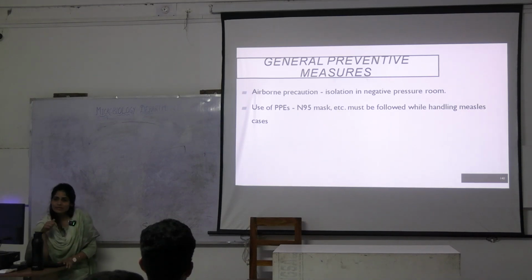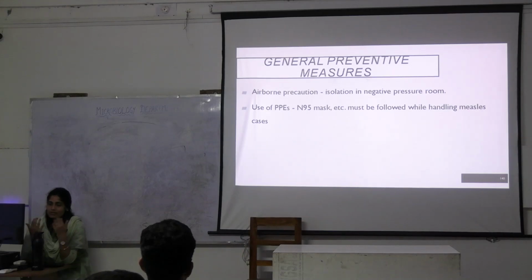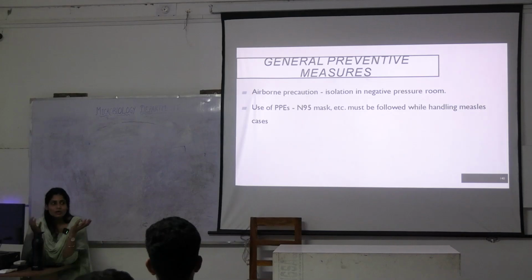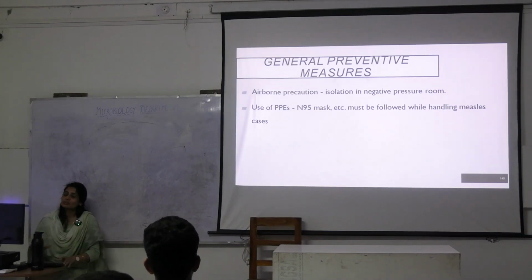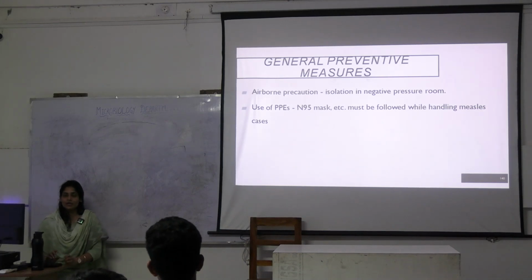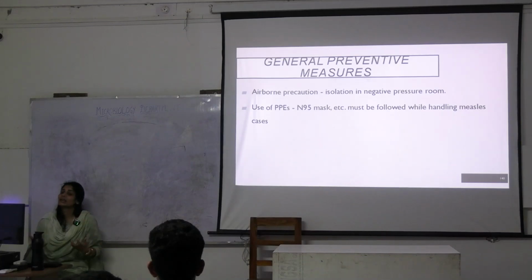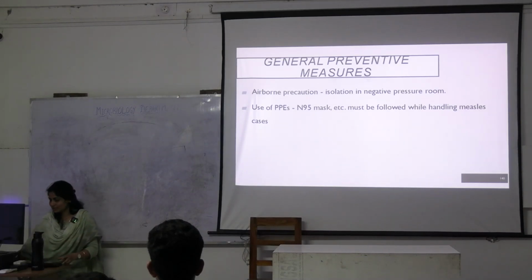No. In positive pressure rooms, there is a positive pressure, right? What kind of pressure is there in your lungs? Negative pressure. So you are taking the air inside. So in a negative pressure room, the outer air will enter. And in the case of positive pressure rooms, the air in this room will go out, but outer air should not be able to come inside. So what are we doing in a positive pressure room? You are taking already filtered air inside this room, right? This is the mechanism.